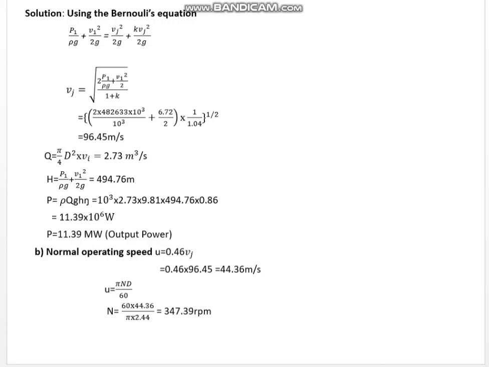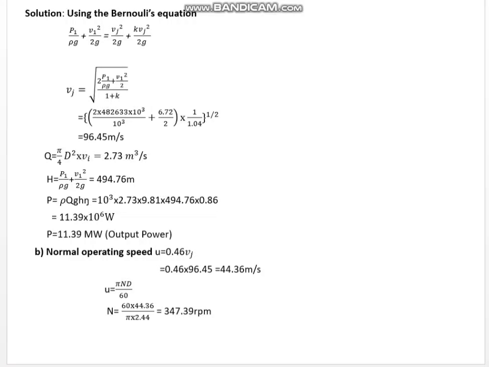We know that flow rate is velocity into area, so Q is equal to Aj into Vj, and Aj is equal to pi by 4 d square, and d is the diameter of the nozzle. So by doing the calculation, we found Q is equal to 2.73 meter cube per second.